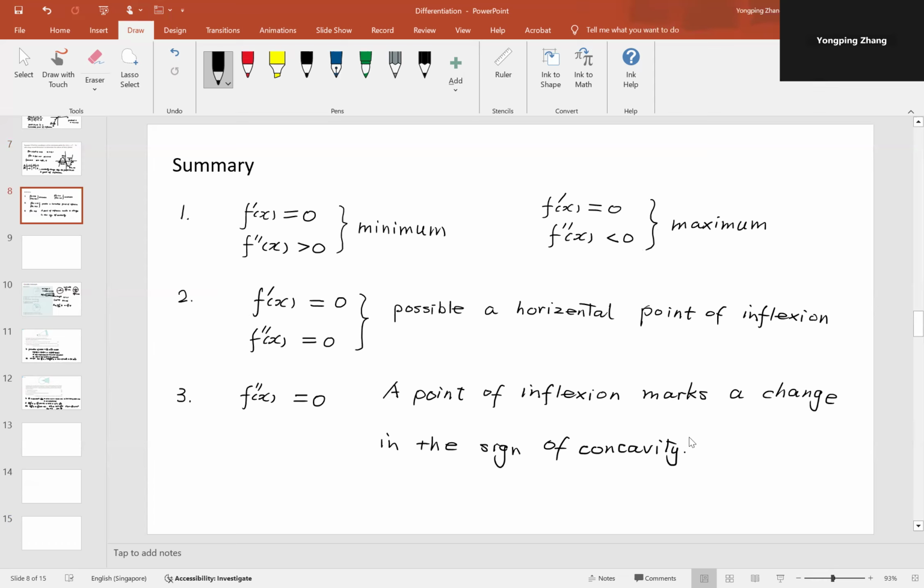So now we give a summary for this part. We can determine the nature of a point using the first derivative and the second derivative. First derivative equal to 0 is the stationary point.